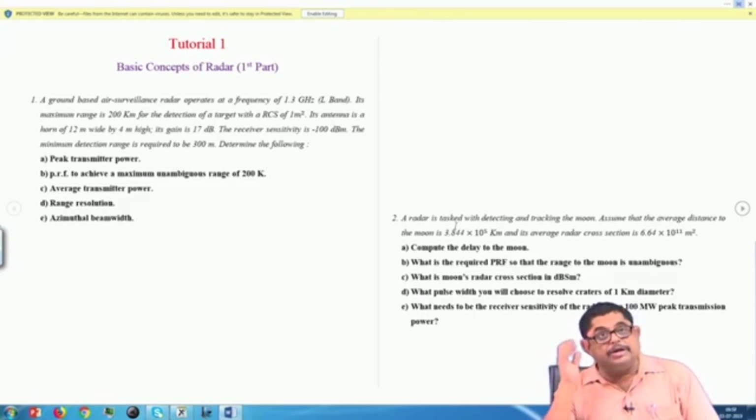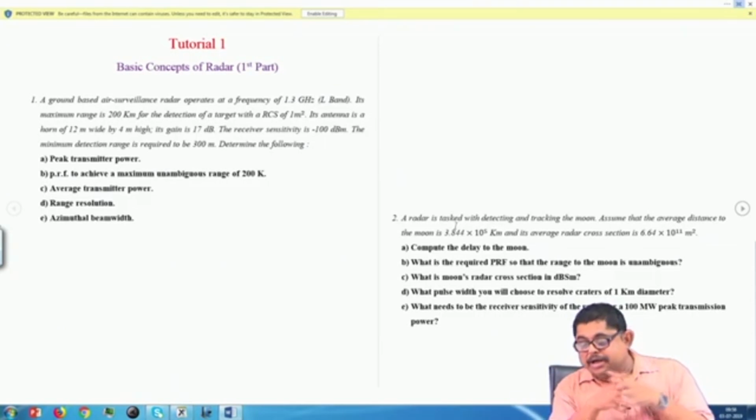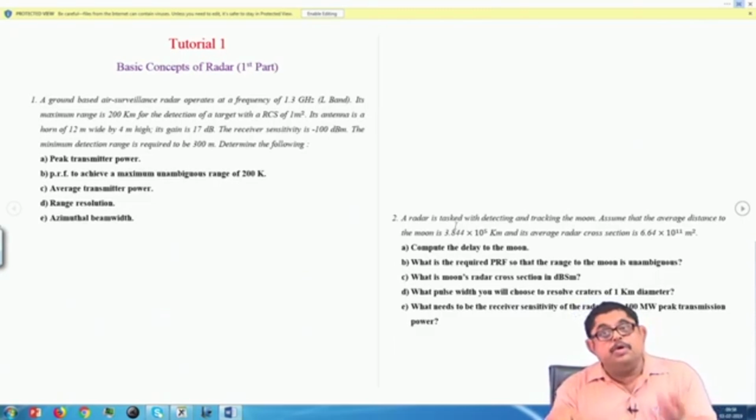This is important, because suppose you cannot have more than 100 megawatt. Then what will be the requirement from your receiver, how sensitive the receiver needs to be so that it can detect the moon.